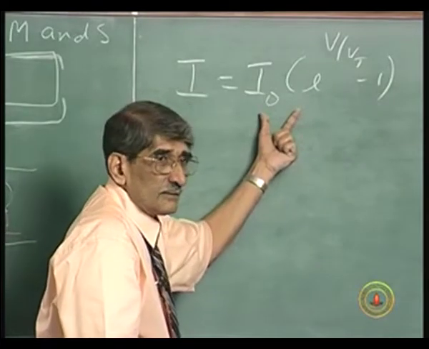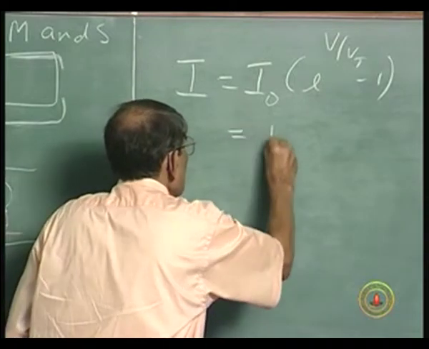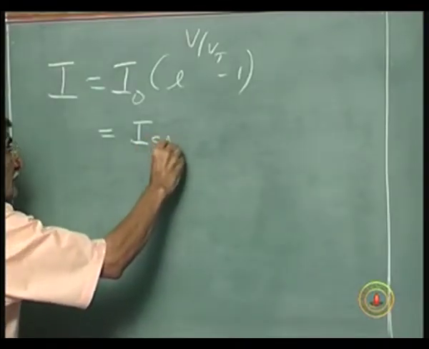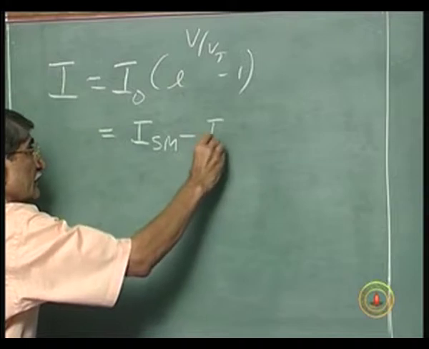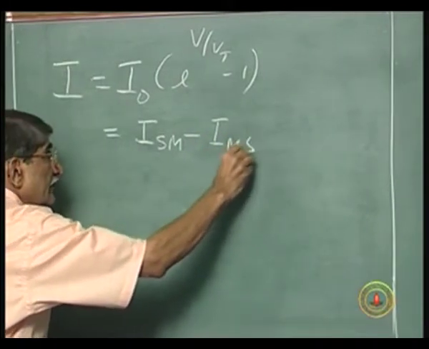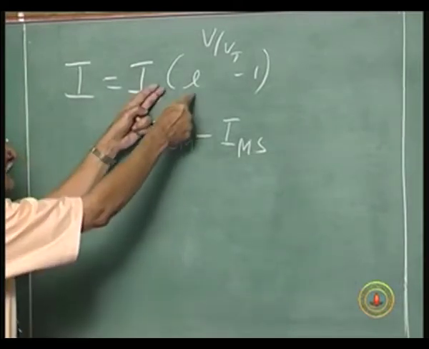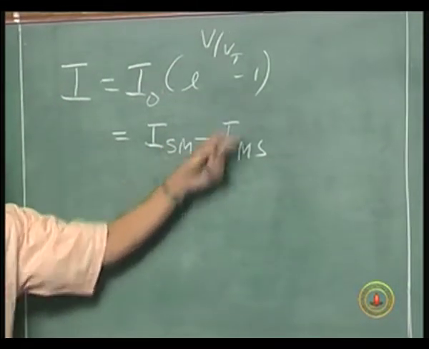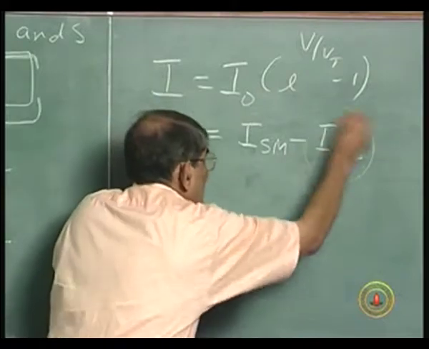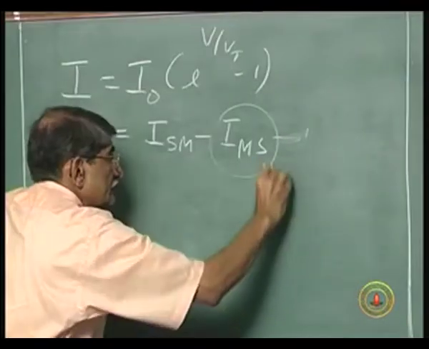This is the current due to the semiconductor to the metal minus the current due to the metal to the semiconductor, and the I naught term does not change, it is I naught all the time.